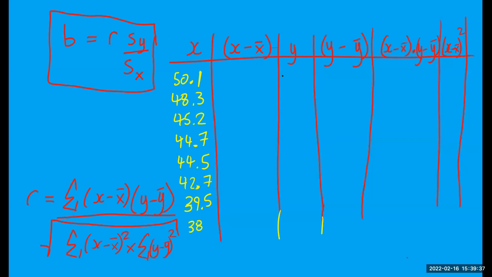All right, what are the y values? 178.5, 173.6, 164.8, 163.7, 168.3, 165.0, 155.4, and 155.8.